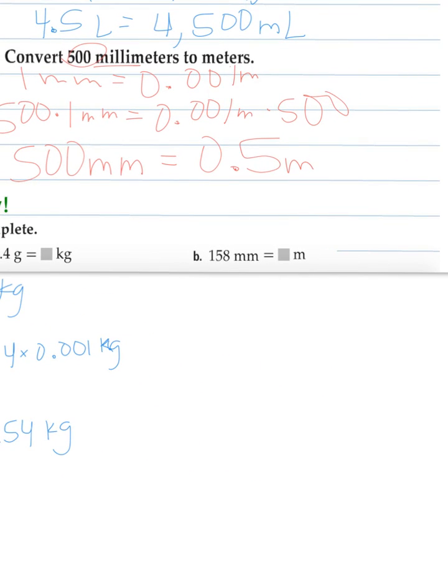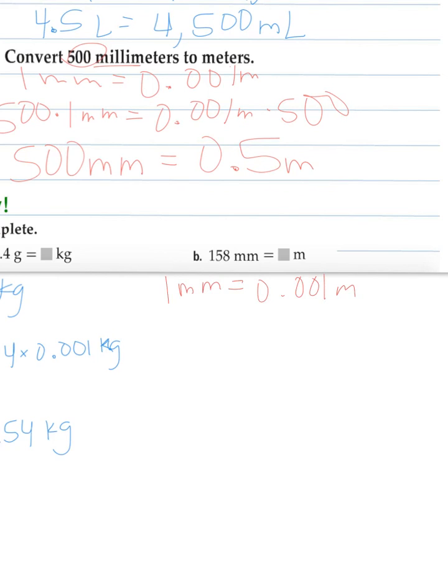Next one here, 158 millimeters equals how many meters? All right, well, 1 millimeter equals 0.001 meter.